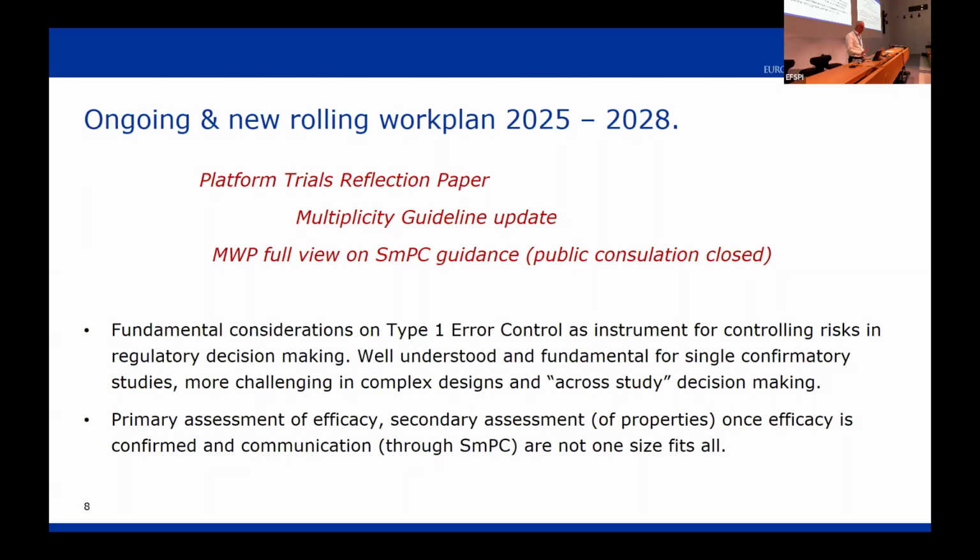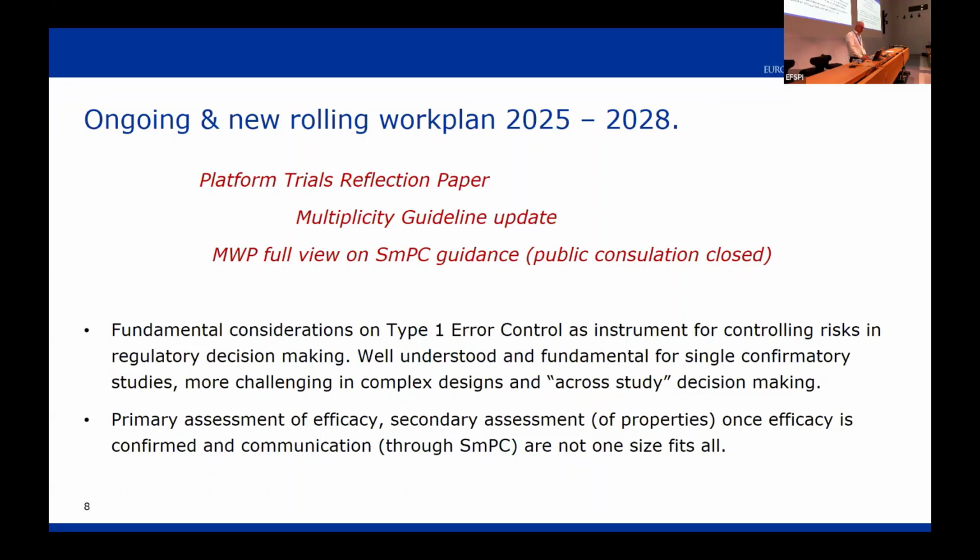Then, it's not isolated. I see three things here: the platform, multiplicity, and the SmPC guidance. I think they move us towards a few more fundamental issues where we might need methodology development.